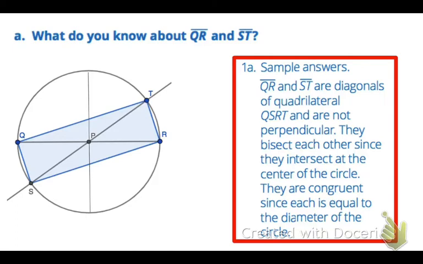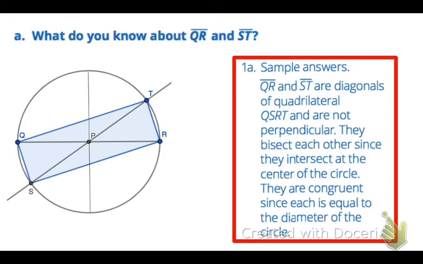I keep forgetting that one, because when we were told to make this construction, they told us ST could not be perpendicular to QR. This line is perpendicular, meaning that we have a right angle here, but this diagonal and this diagonal are not forming right angles. So that's not what we have there.